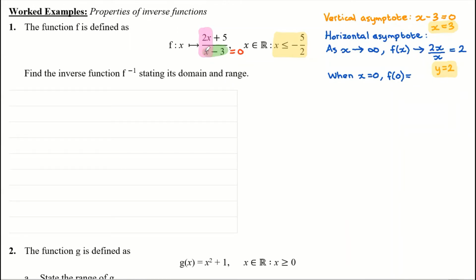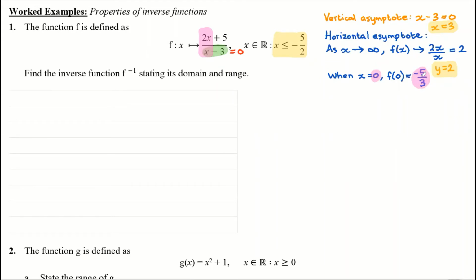What have you got left? We've got +5 over -3. So you get -5 over 3. So that's the y-intercept. The y-intercept is at coordinates 0 and -5 over 3.